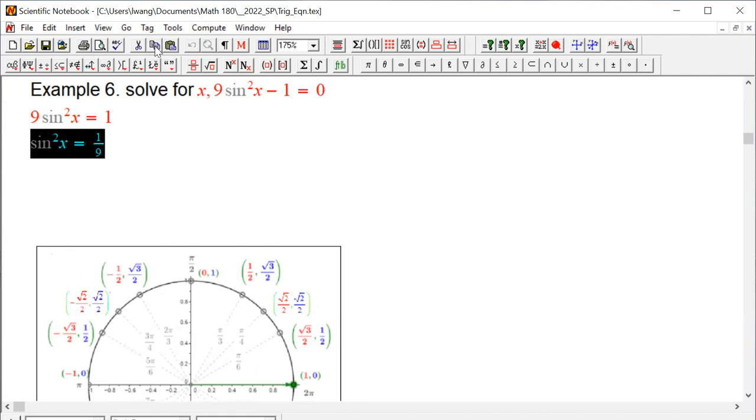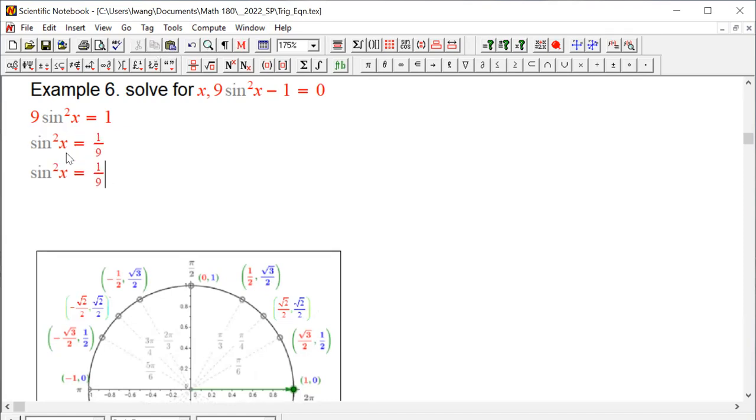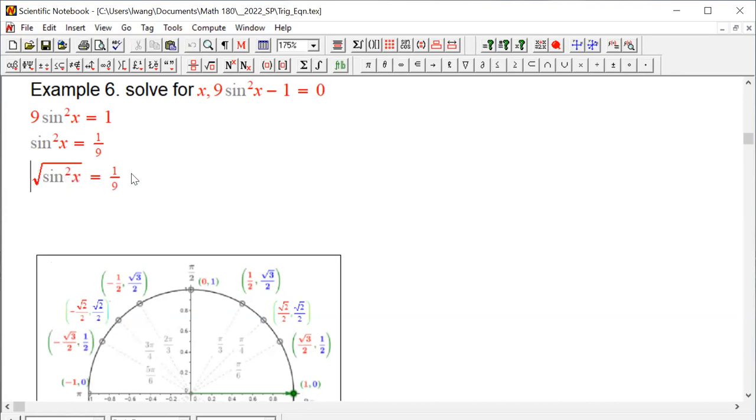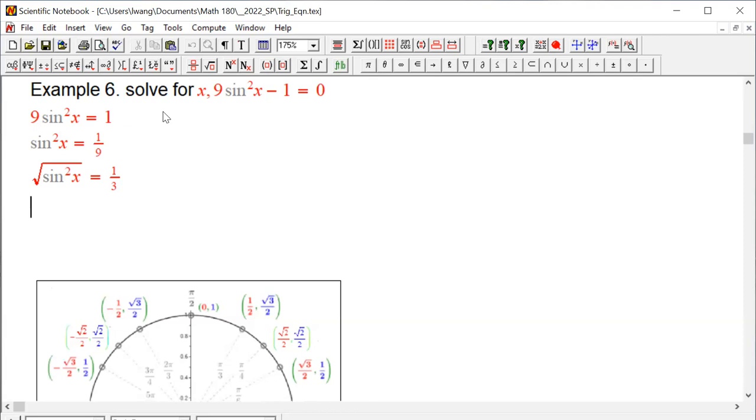And then take the square root, and we will get 1/3 on the right-hand side. The next step is the absolute value of sine x equals 1/3.